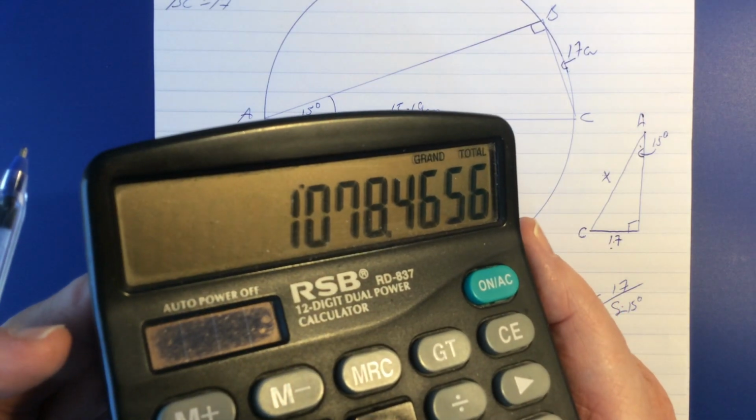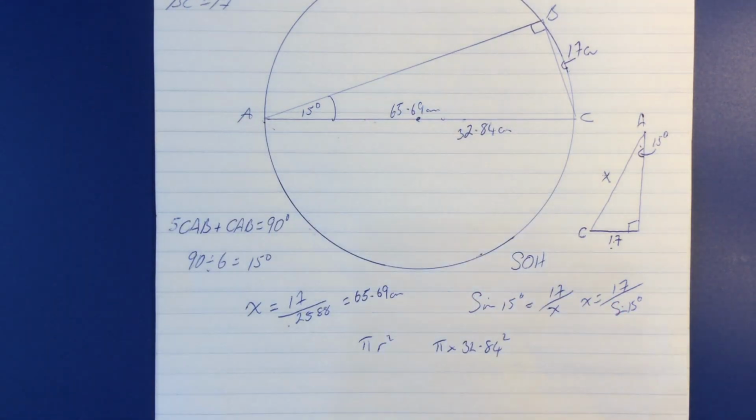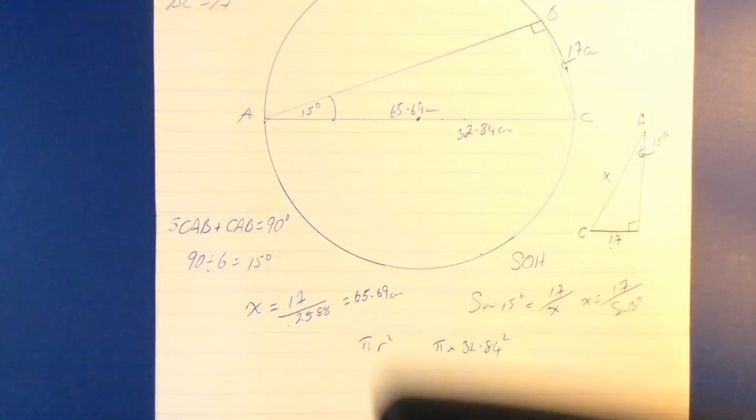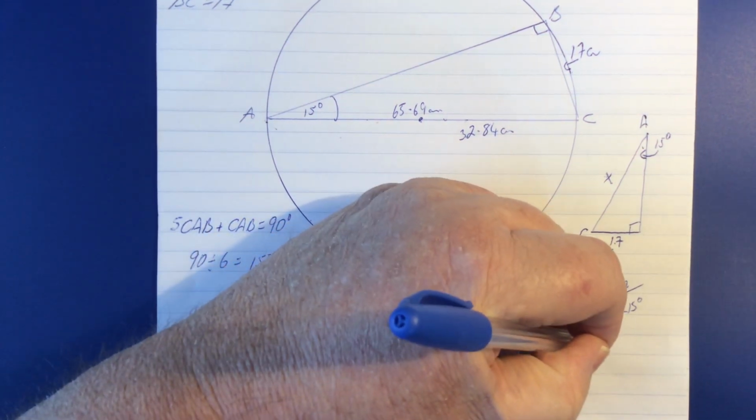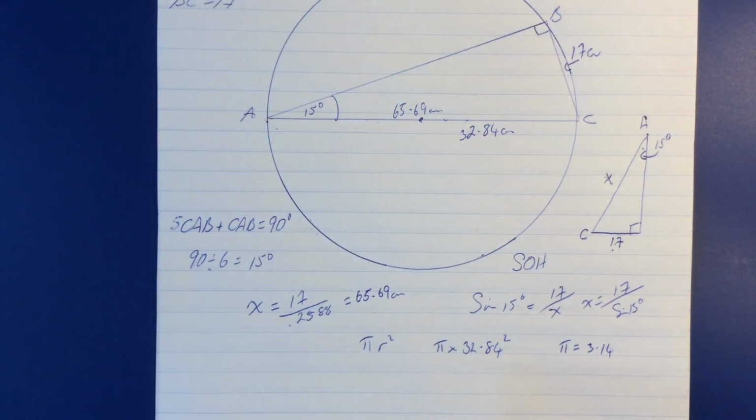1078.4656. There we are. Now, this calculator doesn't have pi on it, so I'm going to use pi as 3.14. Okay, you'll often see that in tests and things like that, where you've got minimum access to calculators or no access.